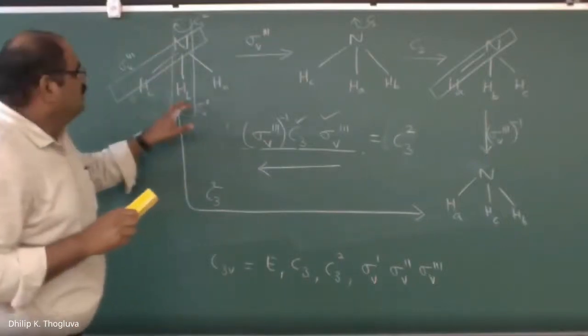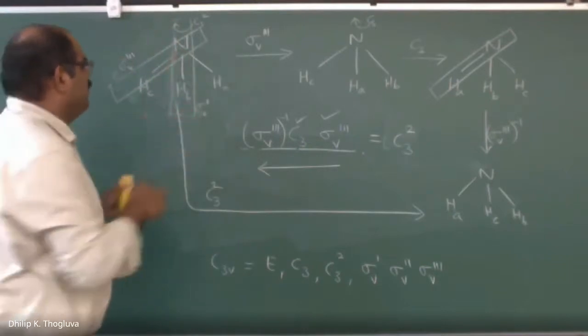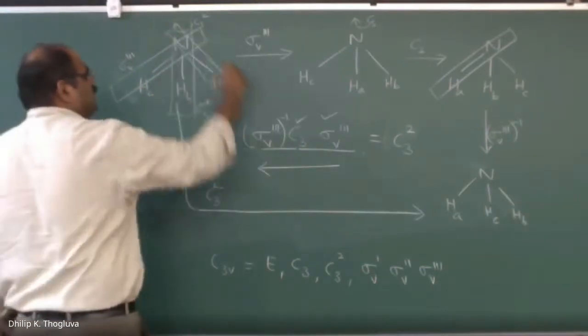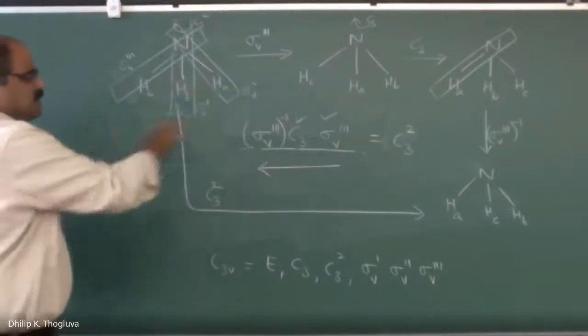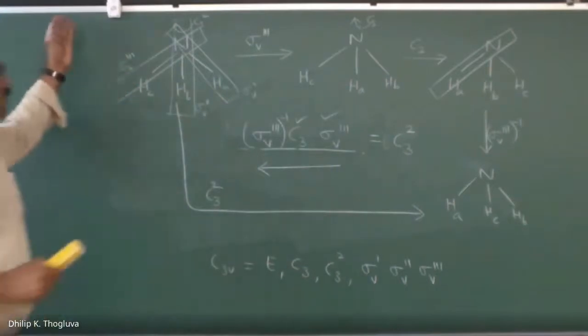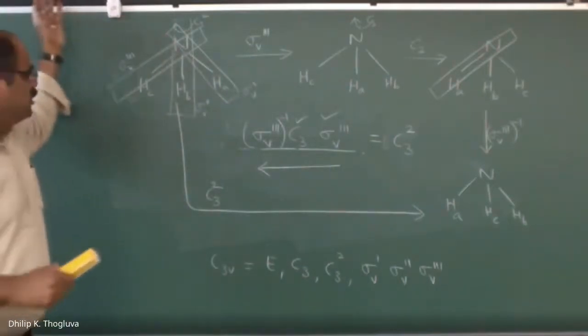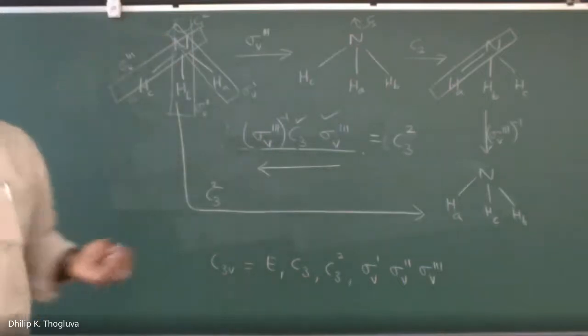N H, which is on this axis, is sigma v double prime, and this one is simply sigma v prime. After changing rotation or whatever you perform, this is the notation we are following. So the left hand side cutting is basically cutting along N and H. From this side is always sigma v triple prime.